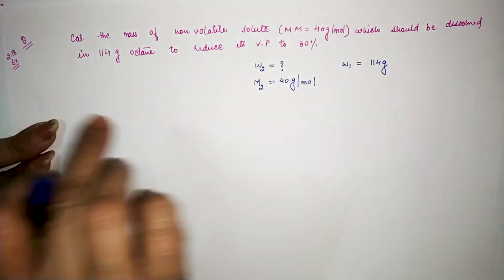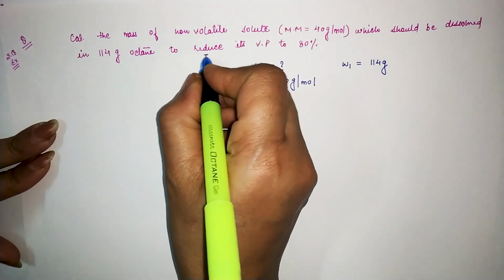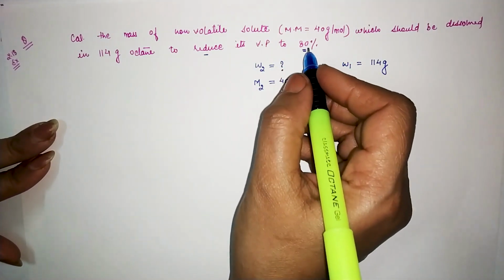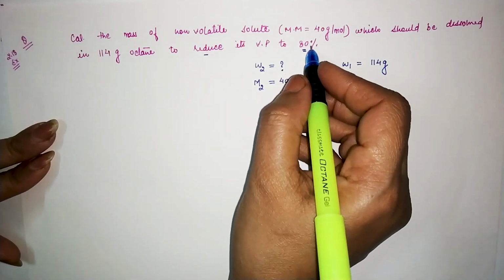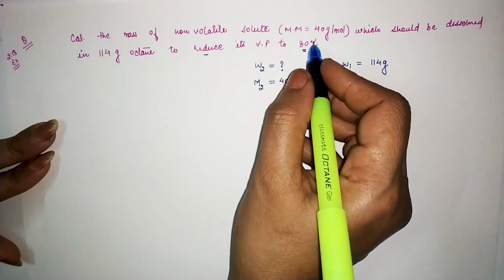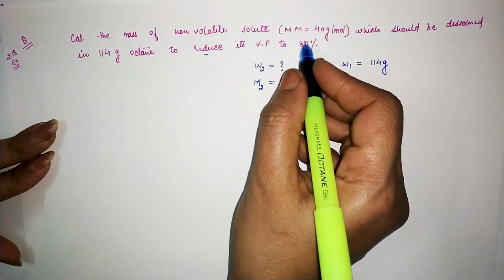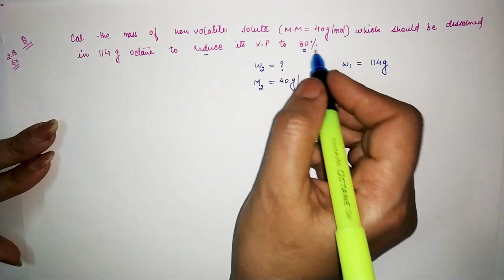Now this point you remember, children, to reduce its vapor pressure to 80%. If I say the initial amount P1 naught is 100, it is reduced to what? 80. I can say this way because it is given in the question as 80%.